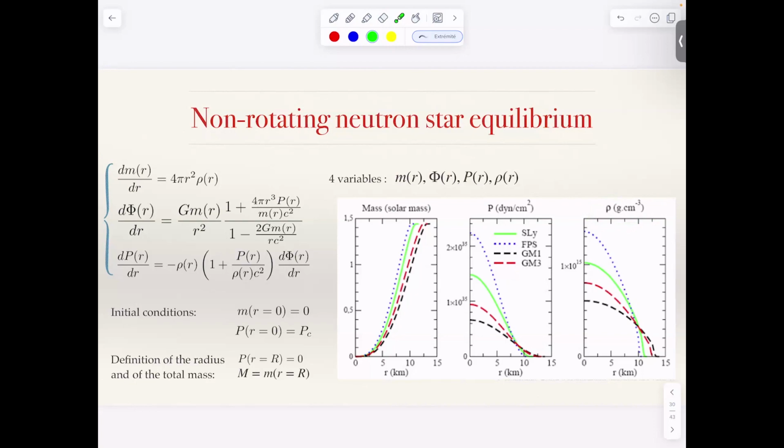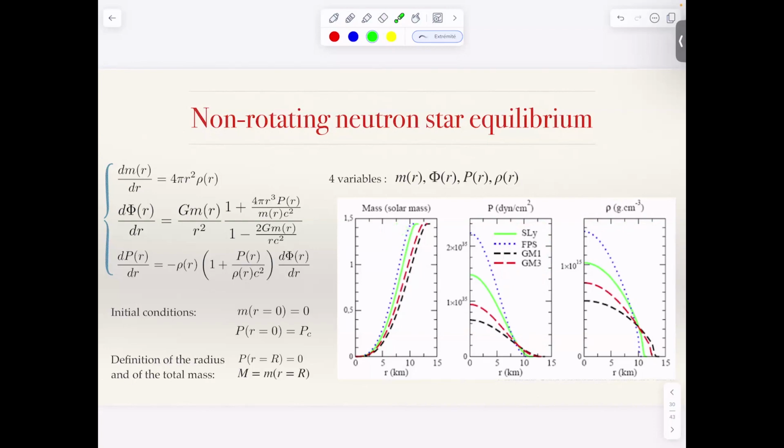And here, what I compare, I have taken 4 equations of state, and you can see the differences. All these stars have the same mass, 1.4 solar mass. This is what I have fixed. You can see it here.